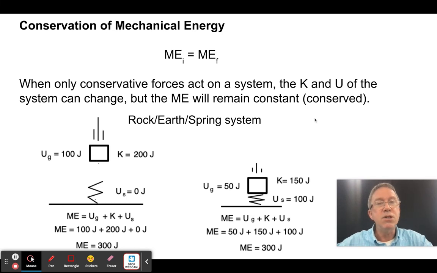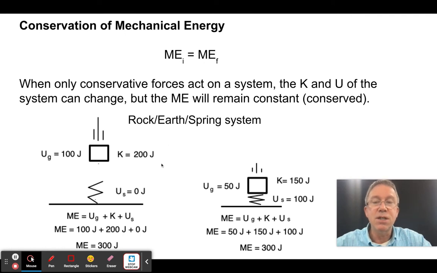So when only conservative forces act on a system, then the total kinetic and potential energy of the system stays constant, while the different parts of it will change. So I might gain kinetic energy and lose potential energy, but the total ME is going to stay the same. So the initial ME of the system, the KE plus U that I start with, is equal to the KE plus U that I end with.